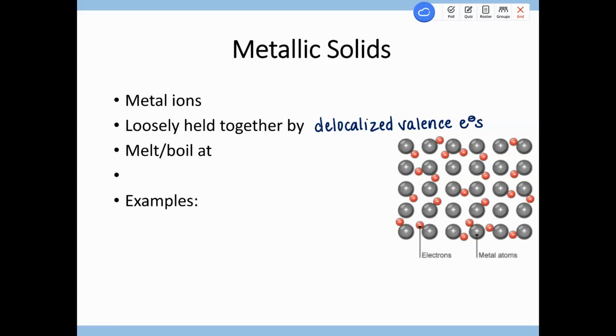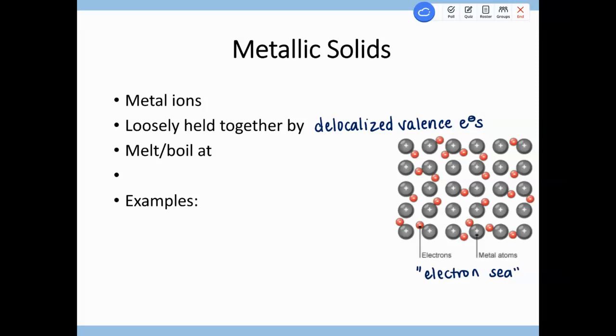So this image is to represent that there are metal atoms, positive because they have a proton nucleus. And these electrons are delocalized throughout. They can float around, interact with different nuclei. And as I was in high school, we learned this as an electron sea.